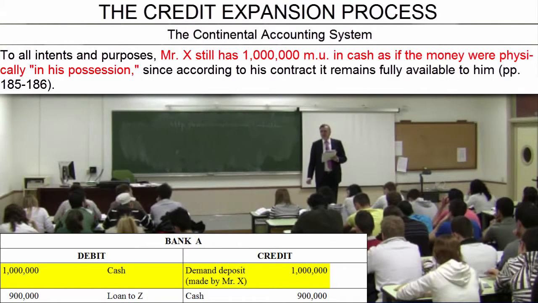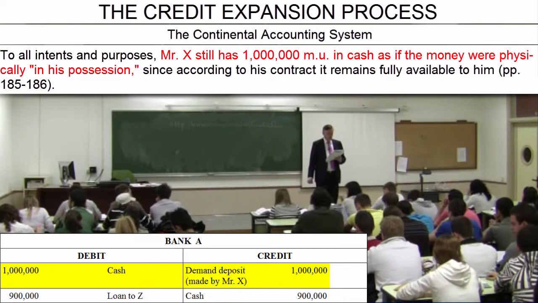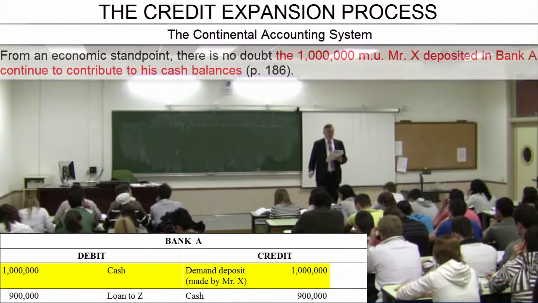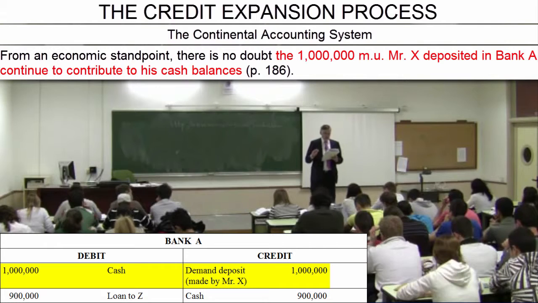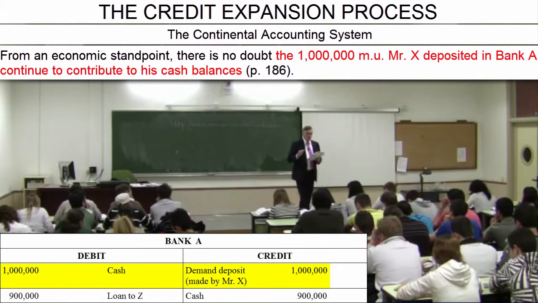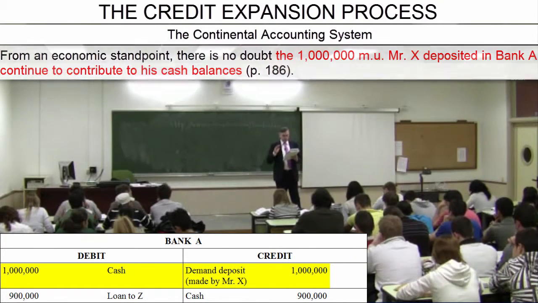Hence, there is no doubt that from an economic standpoint, the 1,000,000 monetary units Mr. X deposited in the bank form part of his cash balances and the money supply. Now, take note.